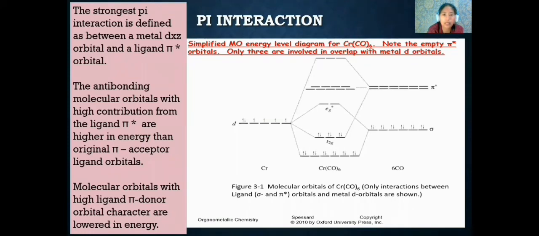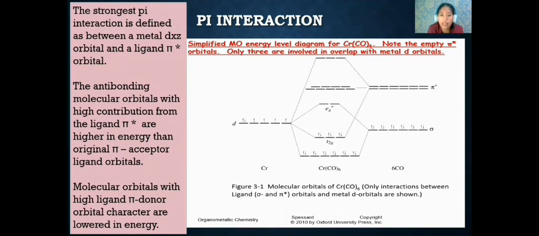For the pi interactions in angular overlap, the strongest pi interaction is defined as between a metal dxz orbital and a ligand pi star orbital. The antibonding molecular orbitals with high contributions from the ligand pi star are higher in energy than the original pi acceptor ligand orbitals. Molecular orbitals with high ligand pi donor orbital character are lowered in energy.